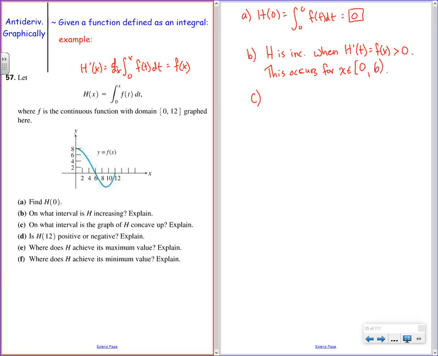So the derivative function of h is the graph of f. The derivative function of f is seen by the tangent lines of this graph, which would be the second derivative of h, which is f prime. When f is increasing or decreasing, we know f prime is positive or negative, which we know is h double prime.